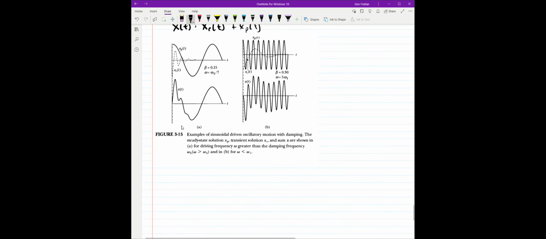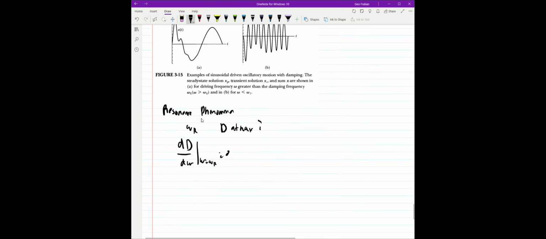But let's find out some resonance phenomena. Let me write that down: resonance phenomena. In other words, what happens when omega r, the resonance frequency, is where we find d at max? We want the derivative of d with respect to omega, at omega equal to omega r, to be 0 to find the maximum.